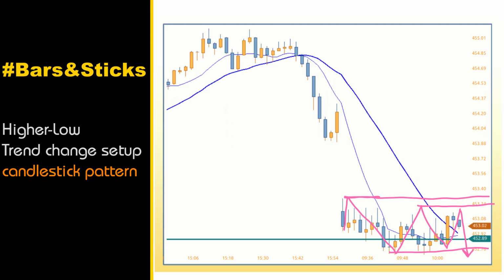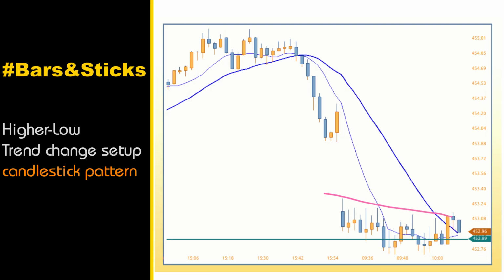So I have to be ready. If I were to draw a line like this, and across, again, it's very possible this could happen. So I have to be ready. I could be wrong. My bias is based on this move here.